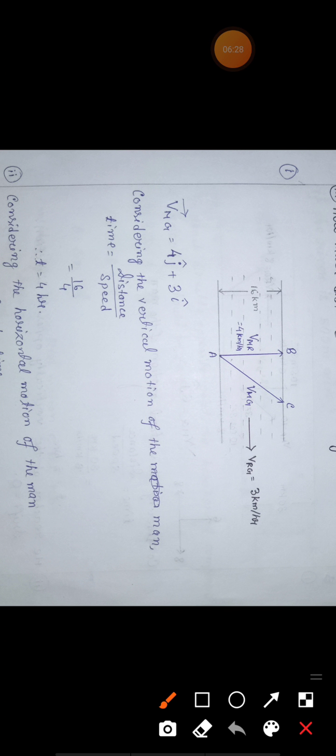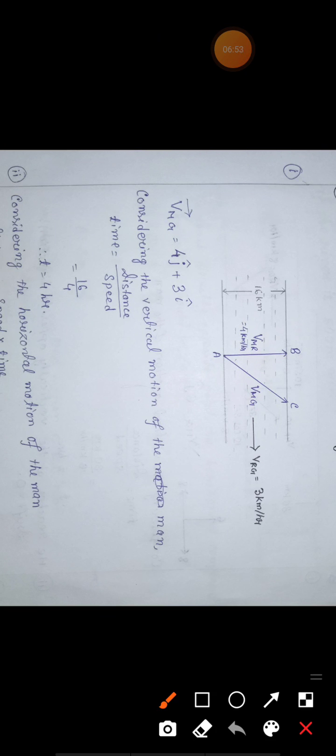So you can ask, sir, why do we take the same time? Because I told you in the previous class that time is independent of reference frame. The actual displacement of the man is from A to C. So we break it into two components, from A to B and then B to C. In the 4 hour time, the man is covering the path from A to B, and in the same time the man is covering the path from B to C also.